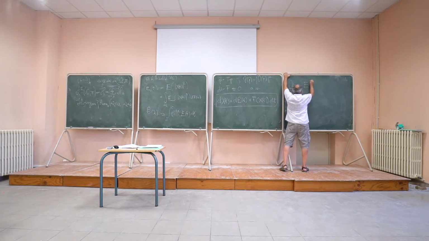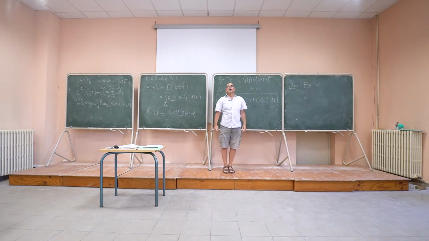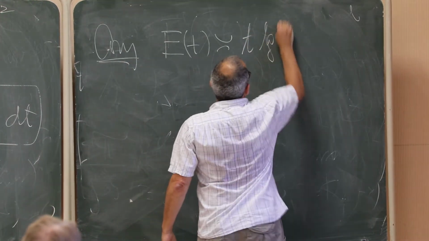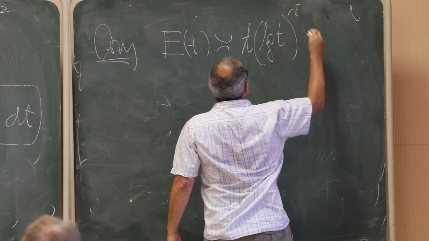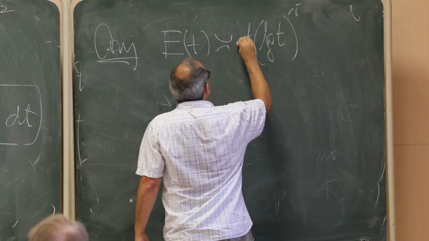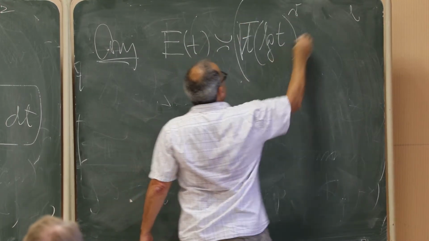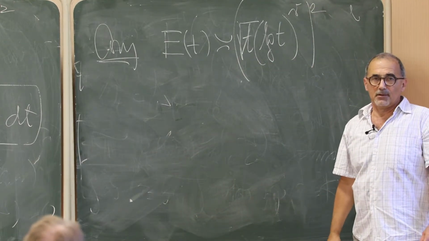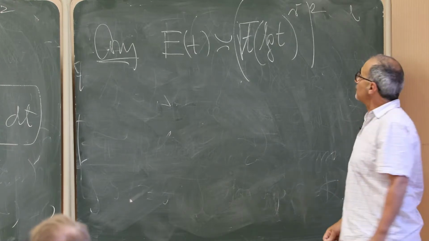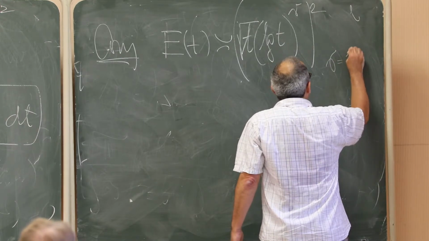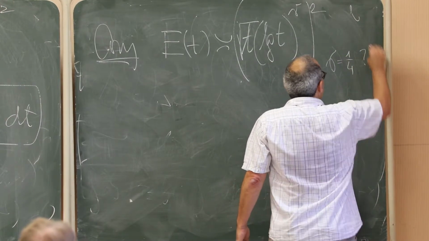Conjecture: E(t) is of the order t times log t to the power 2 gamma, with gamma equal to 1/4 for some reason, but let me put a question mark there.